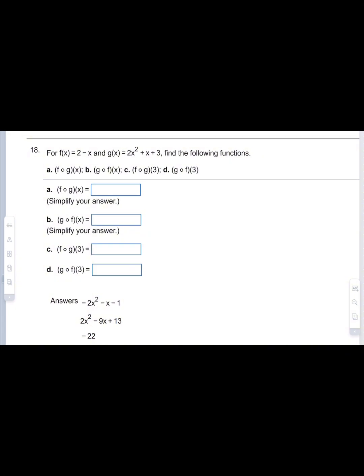And then for the next one, what we're doing is we're taking functions and combining them, meaning we are inserting one function into the other. So f circle g means that I take the g function and I place it inside of the f function.